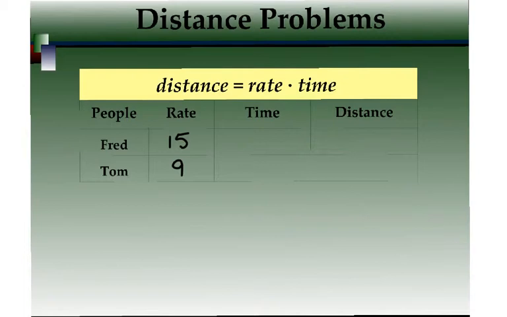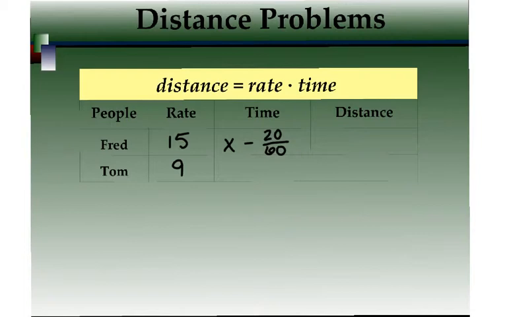So I'm going to say time equals, let's say x minus 20, but this is in minutes. And our rate is in miles per hour, so we have to convert our minutes to hours just by dividing this by 60.